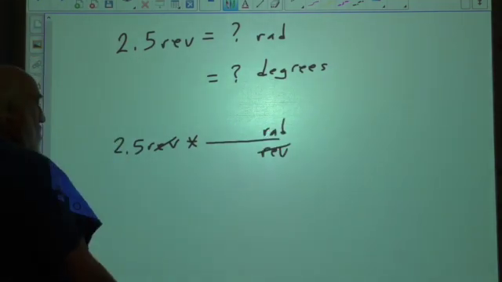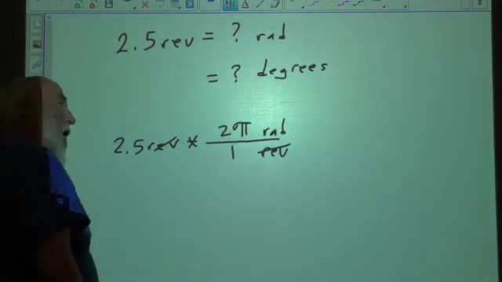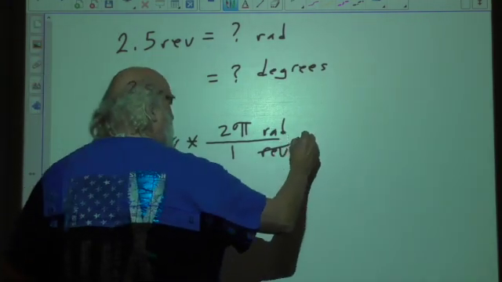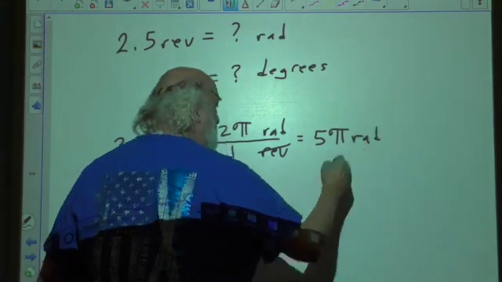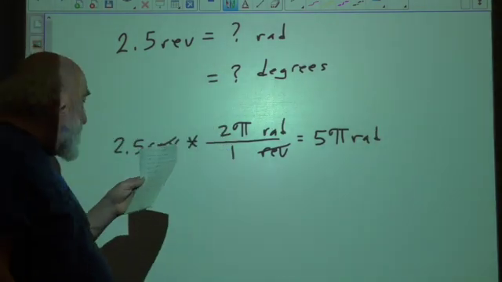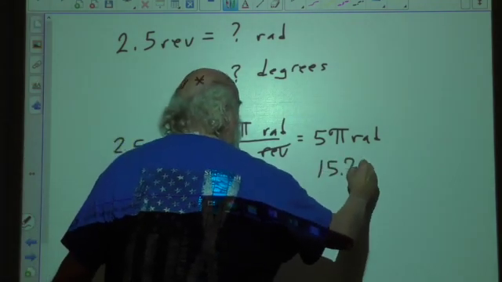For every one revolution, we define that as 2 pi radians. We'll multiply that across to get 5 pi radians, which is an acceptable answer, but if you use the calculator, multiply 5 times pi, and you get 15.7 radians.